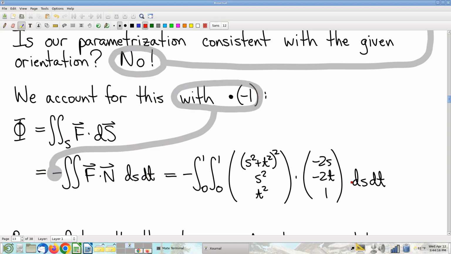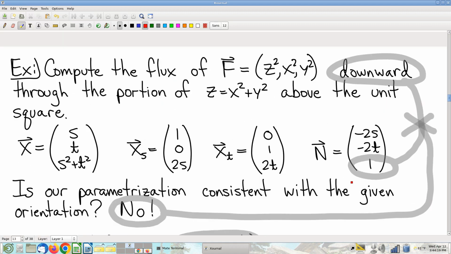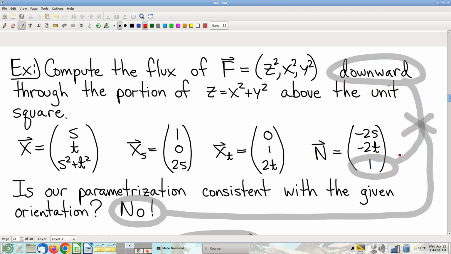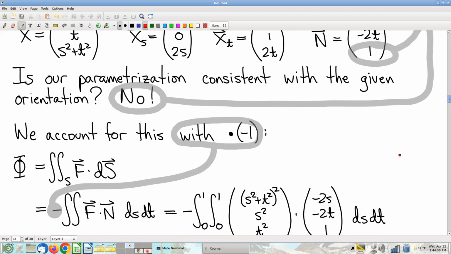All right. So notice it's easy to notice when you have this problem. You just look for the incompatibility. Again, once you've got your capital N vector identified, look for that compatibility or incompatibility. And if it's incompatible, then fix it with a minus sign.